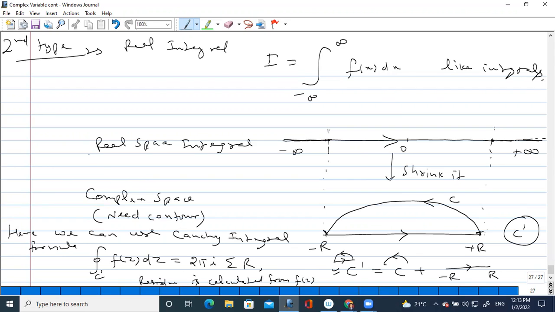What have I done? My real space integral has been converted to a complex space integral, and in the complex space method I can utilize the Cauchy integral formula. Only up to this much we have learned, so note it down first.